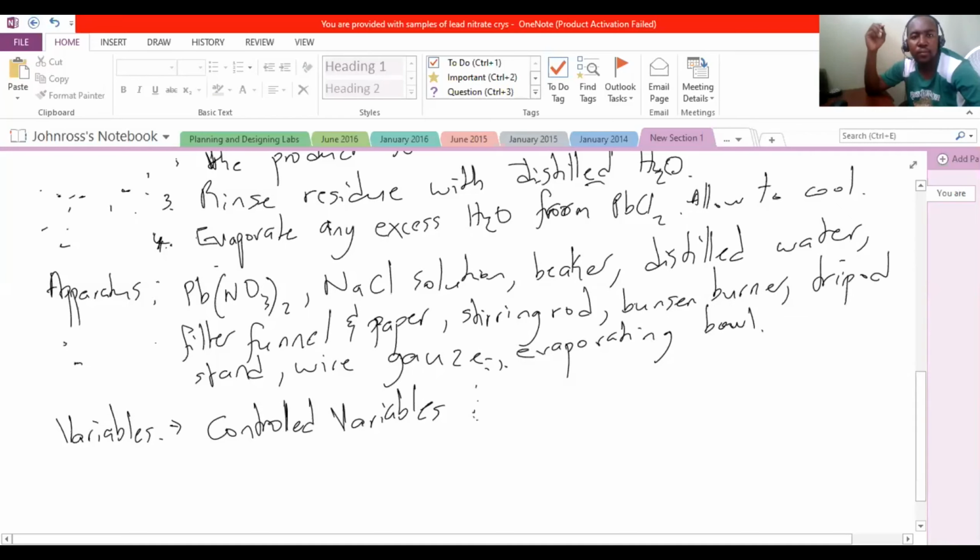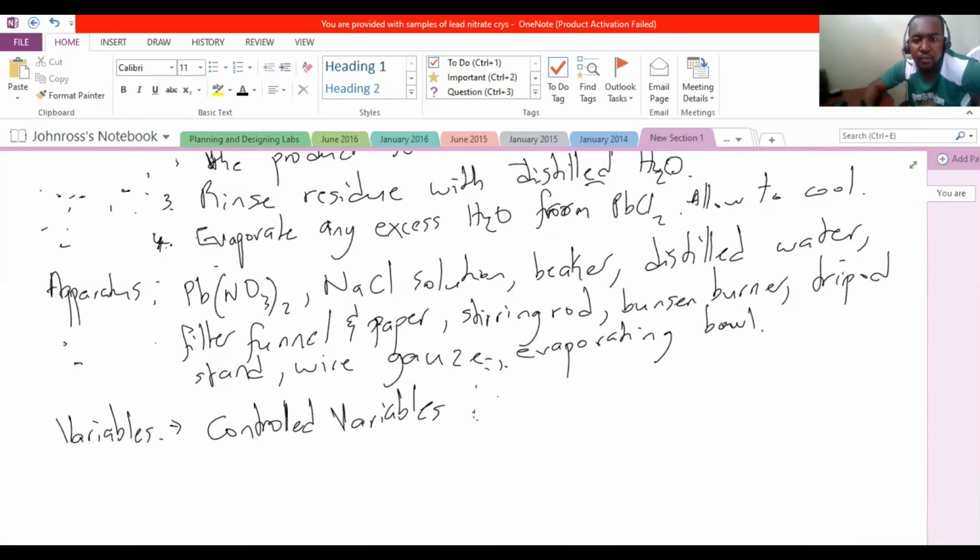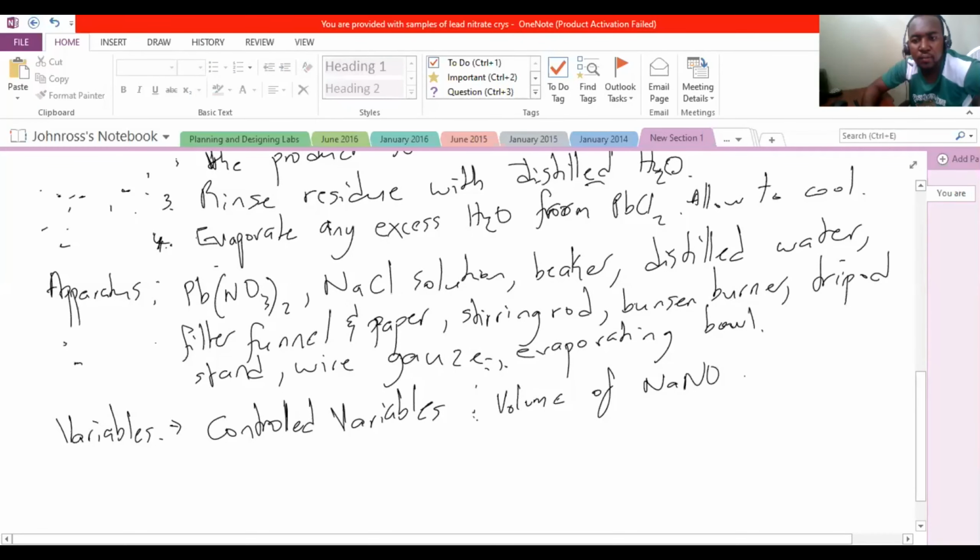The amount of solution, so the volume of the NaCl and the Pb(NO3)2.